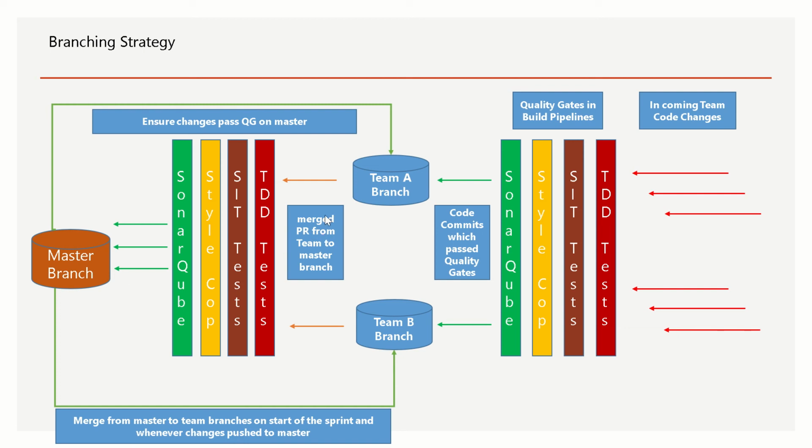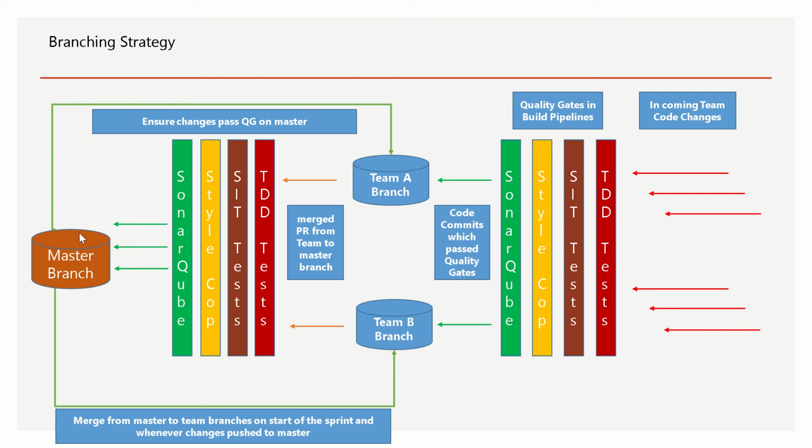That's why it's better to go through all these quality gates and ensure that it passes the way it passed before committing into the team branches. So once it successfully passes all the quality gates on the master also, the code should be pushed to the master branch, and from then onwards you will start creating the releases from this master branch.